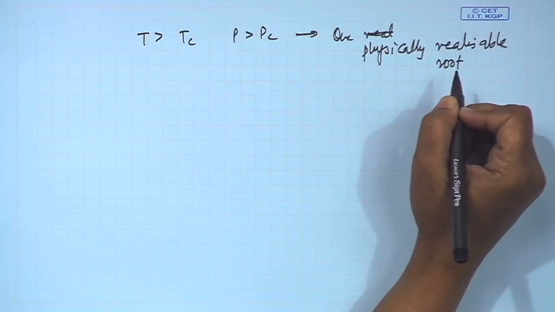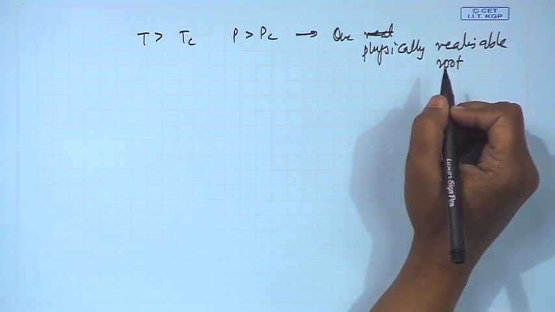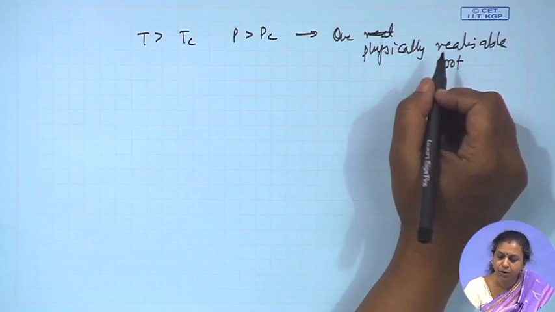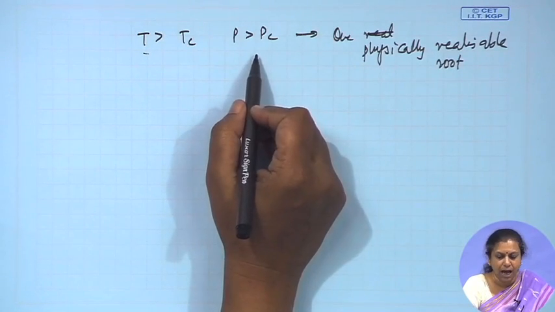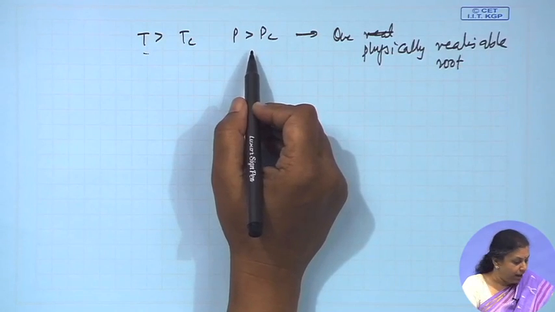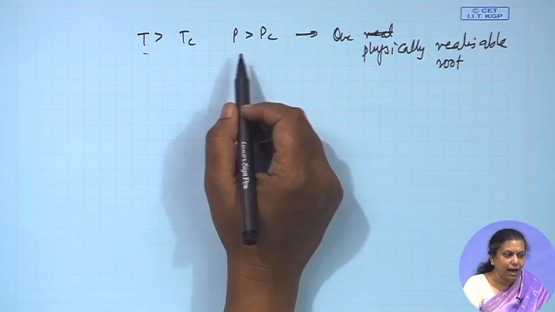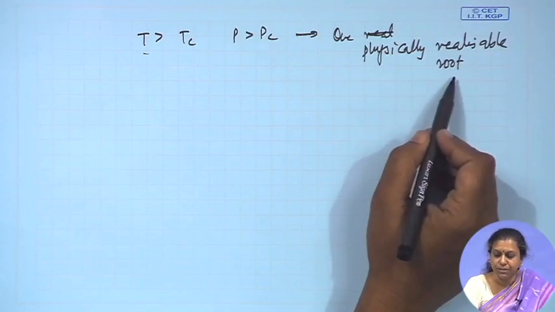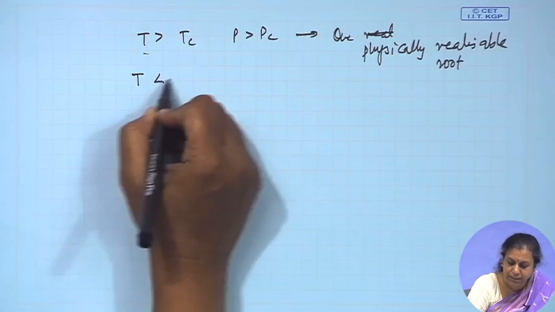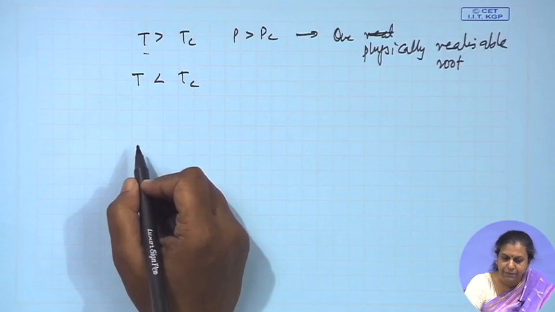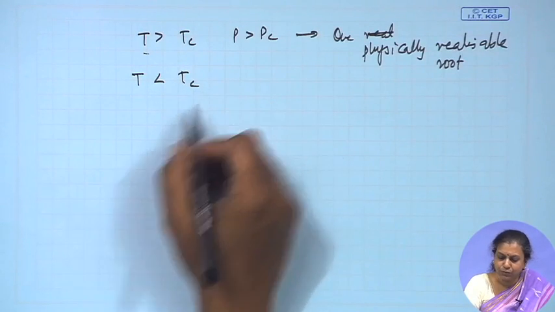Just to give you a feel, I have already given you 2 problems. Do those 2 problems and you can take a few other problems. You will find that when you are operating at conditions much higher than the critical conditions, you get one physically realizable root. Now, when you are working at conditions where T is less than Tc, what do you get?